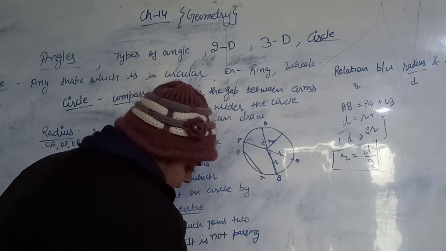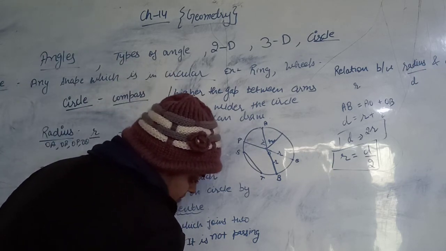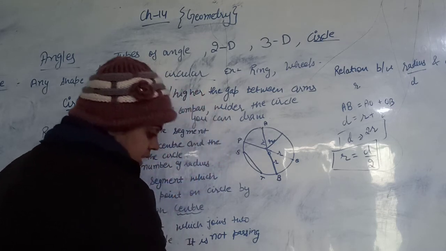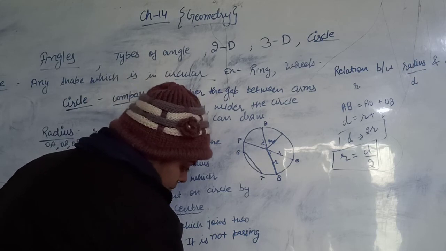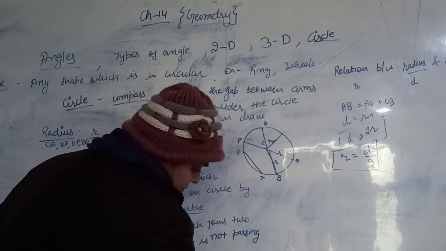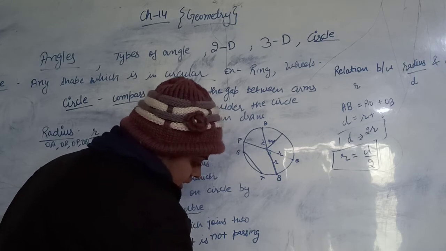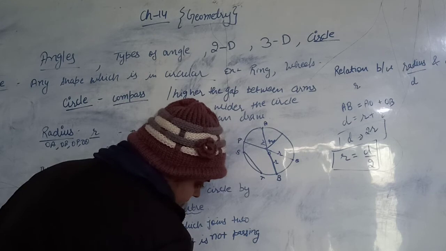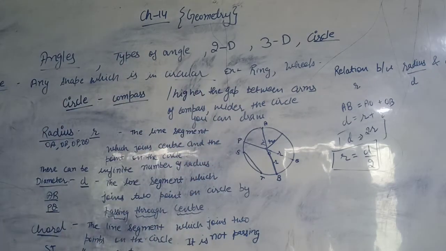Like see, this is a circle. What is circumference? Sum of its boundaries. If I mark one point A here and one point B, then the part of the circle between these points, this one, is known as an arc of the circle.